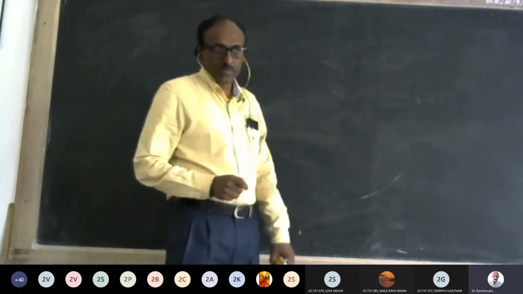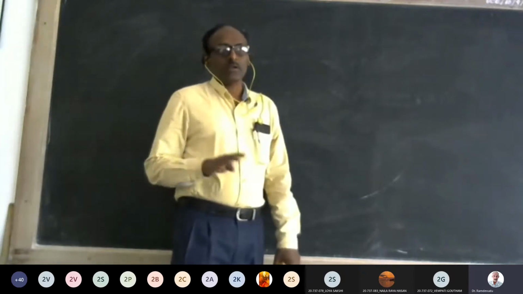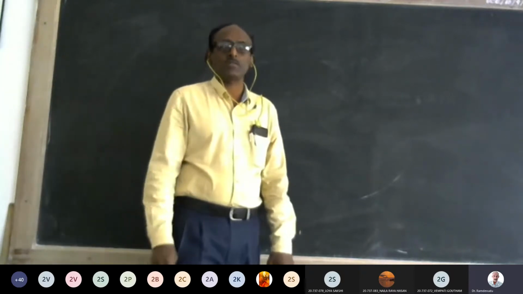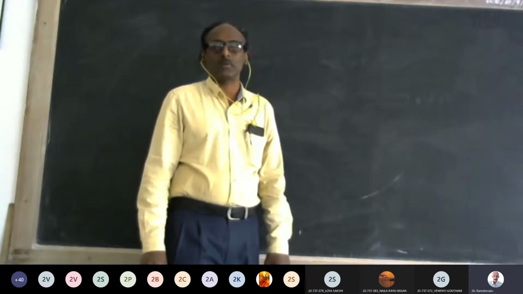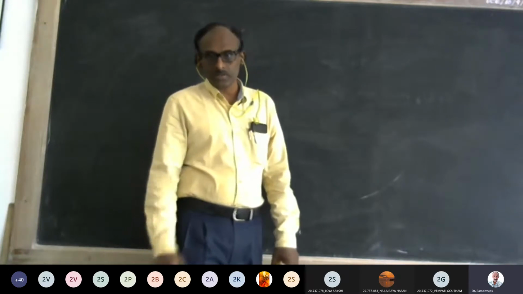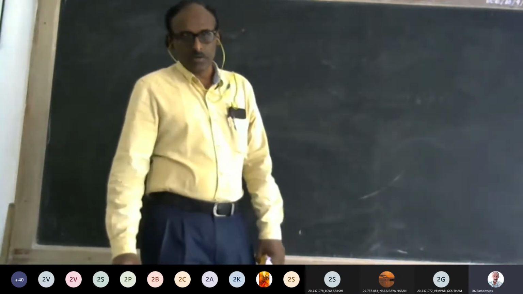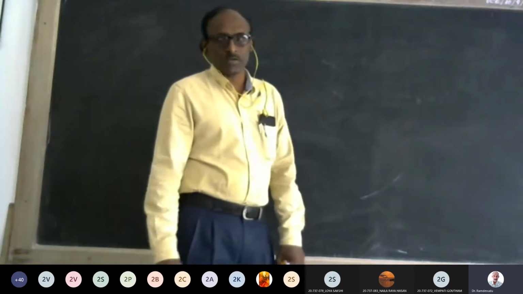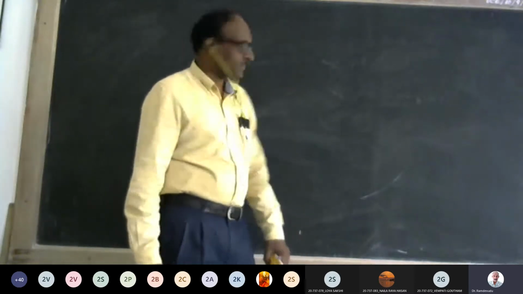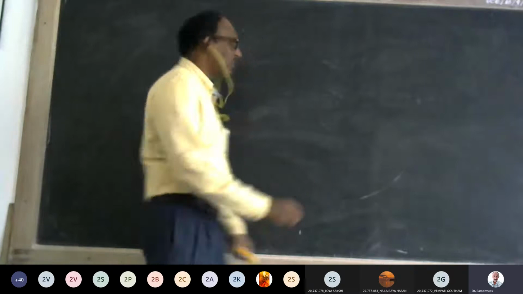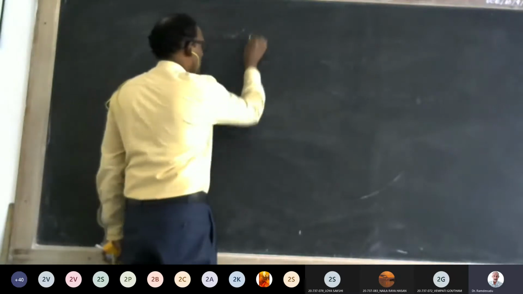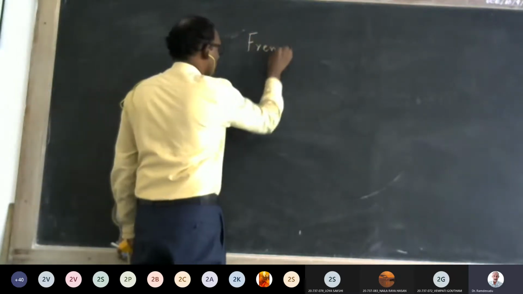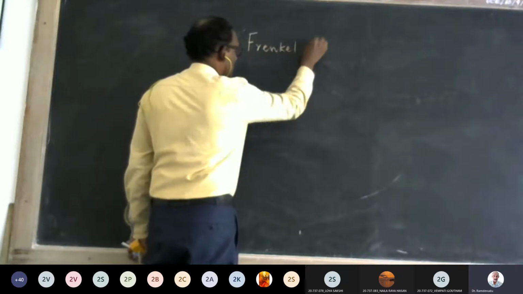Because in an atomic crystal, if an atom is missing, it will not produce any charge neutrality problem. Whereas in ionic crystals, if a cation is missing, to compensate the charge neutrality, an anion also will miss. Now today, we will look at Frankel defects.